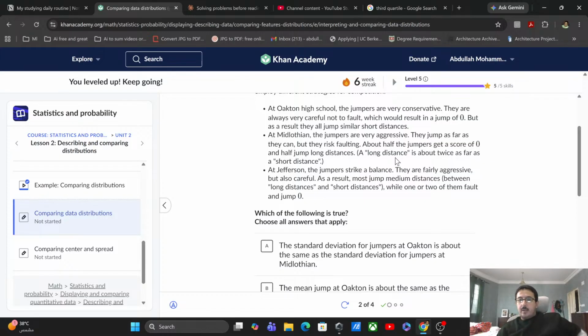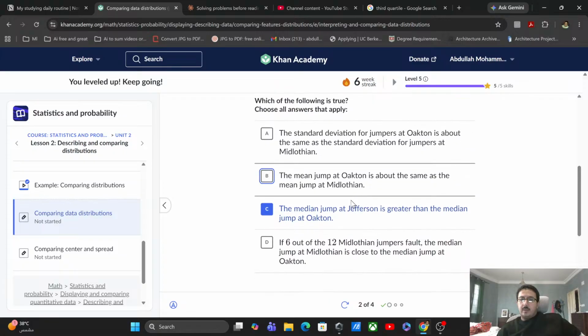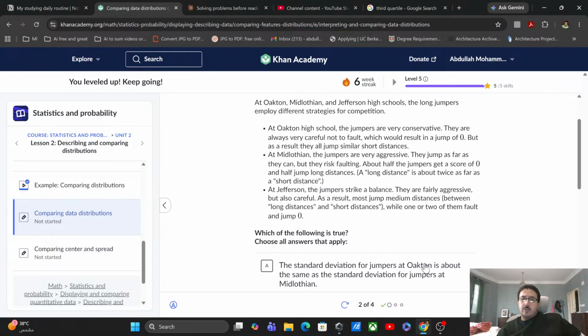Half the jumpers get a score of 0 and half jump. So the median jump at Middleton is close to the median jump at Octane.